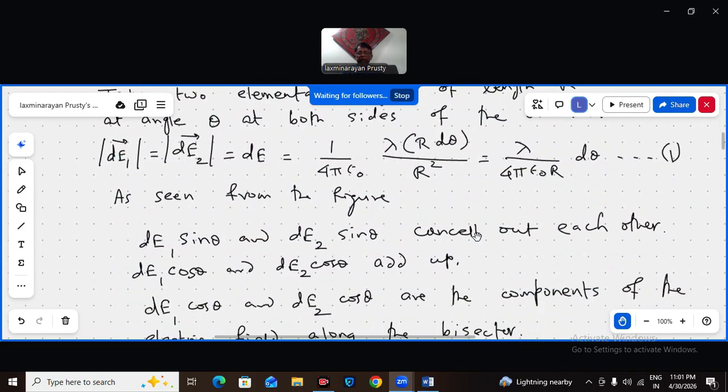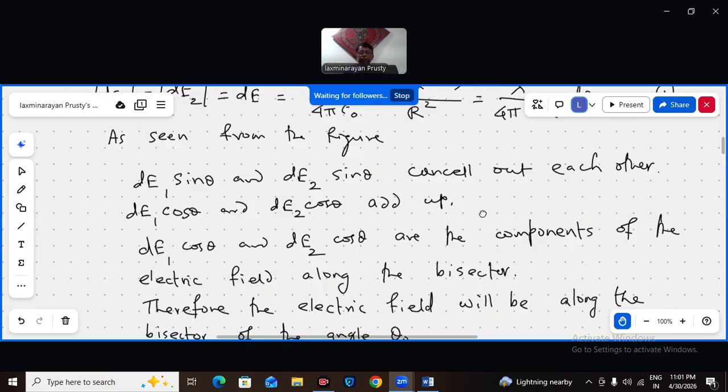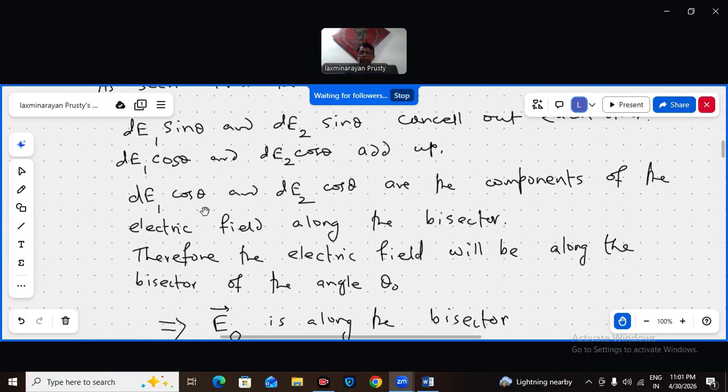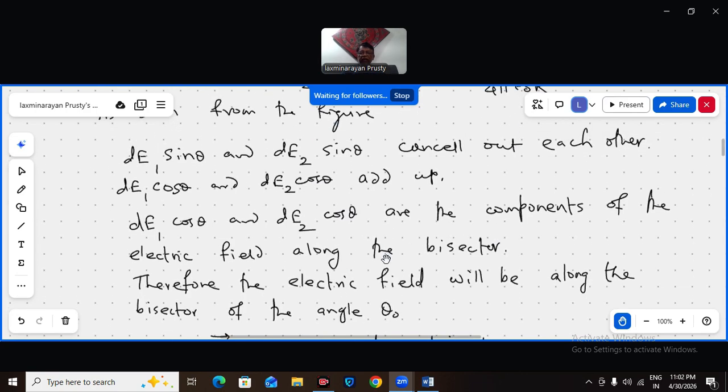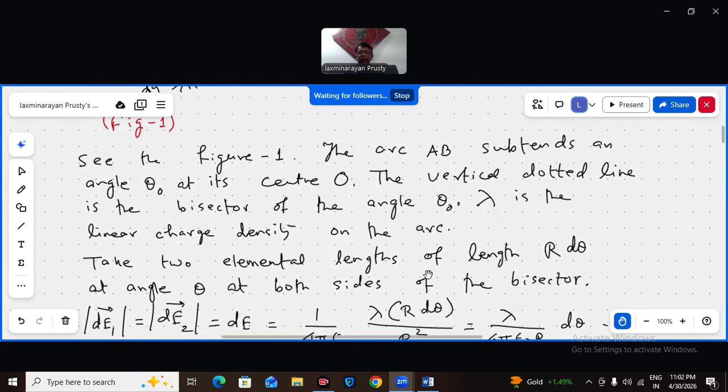Since dE1 sin theta and dE2 sin theta cancel out, dE1 cos theta and dE2 cos theta add up. These are the components of the electric field along the bisector. Therefore the electric field will be along the bisector of the angle theta naught, along this dotted line.